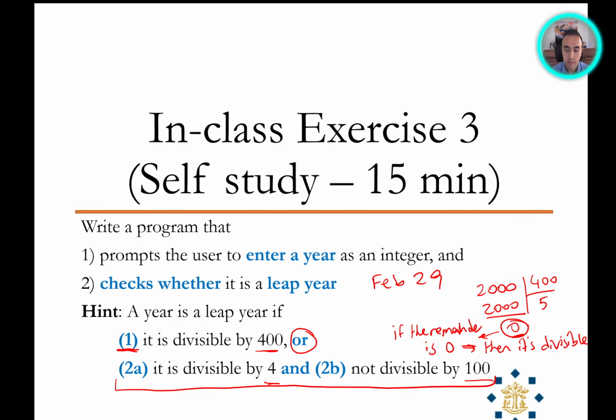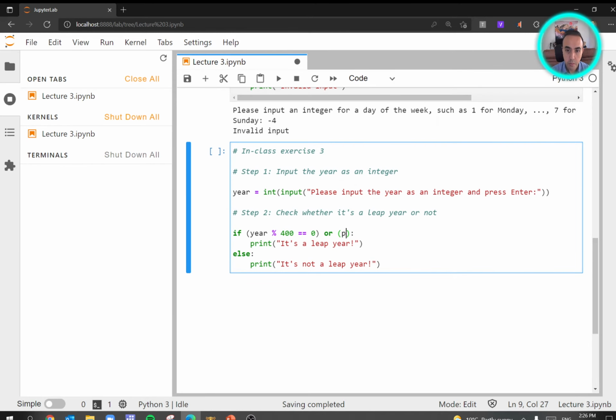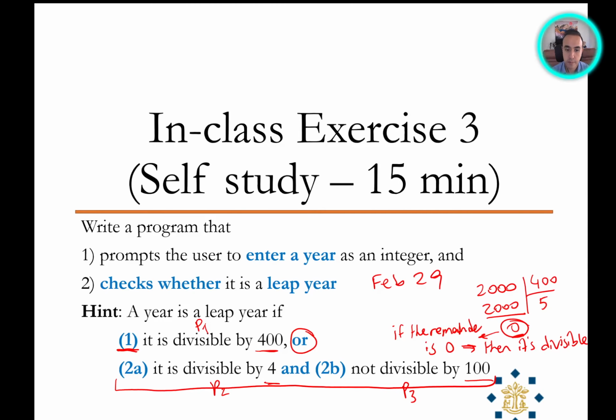Or, okay, so here we have propositions. This one is P1. Now P2 and P3 go inside this guy. What was P2?